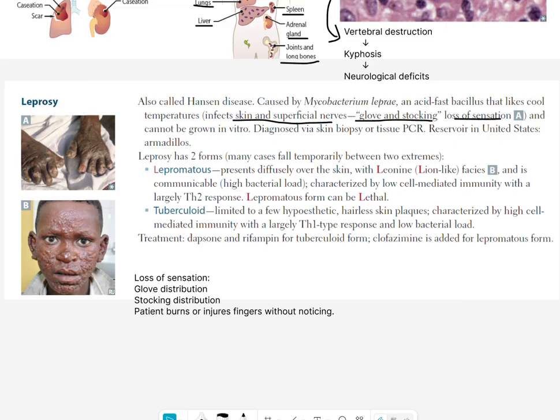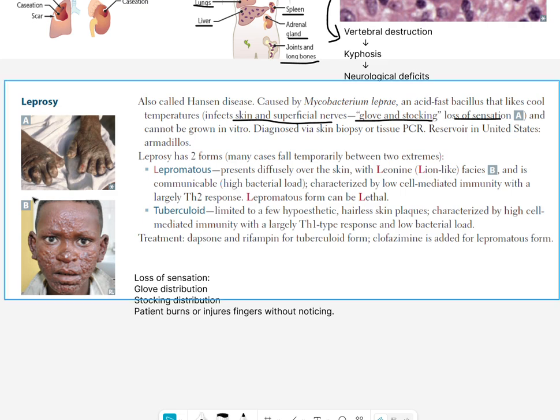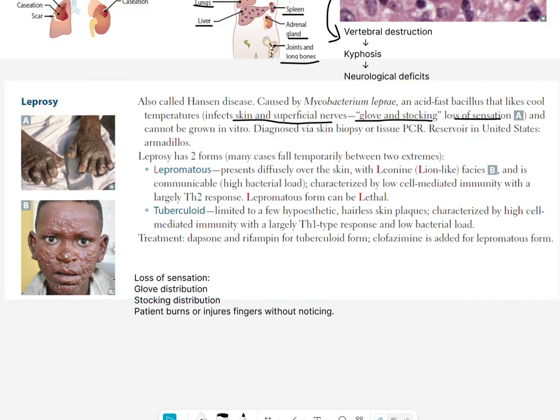Now you have two forms of leprosy: a lepromatous form and a tuberculoid form, right? If the patient has strong immunity, they get the tuberculoid form, and if the patient has weak immunity, they get the lepromatous form.